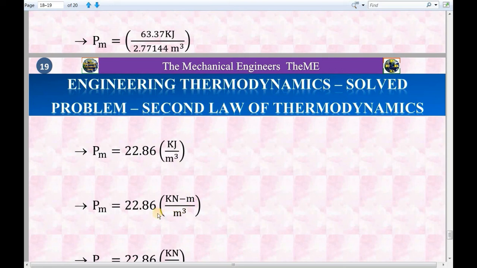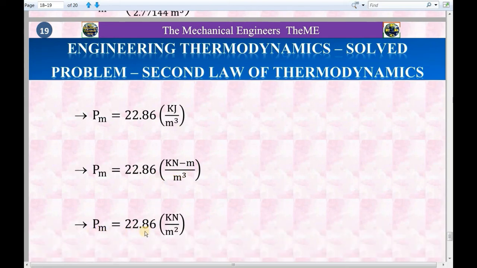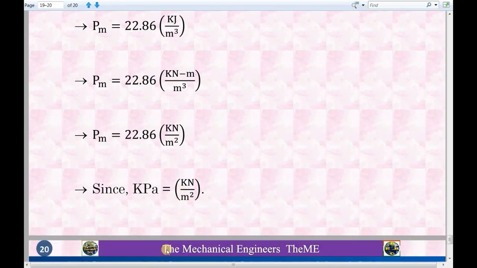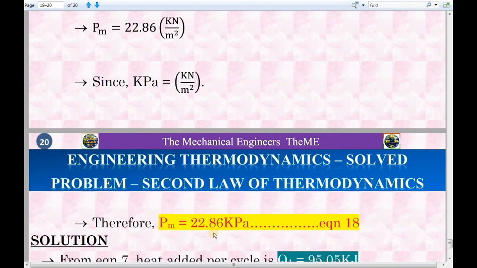So Pm is equal to 22.86 kilonewton per meter square, and kilonewton per meter square is kilopascal. So Pm is equal to 22.86 kilopascal, which means the mean effective pressure of the Carnot engine is 22.86 kilopascal, and consider this one as equation 18.